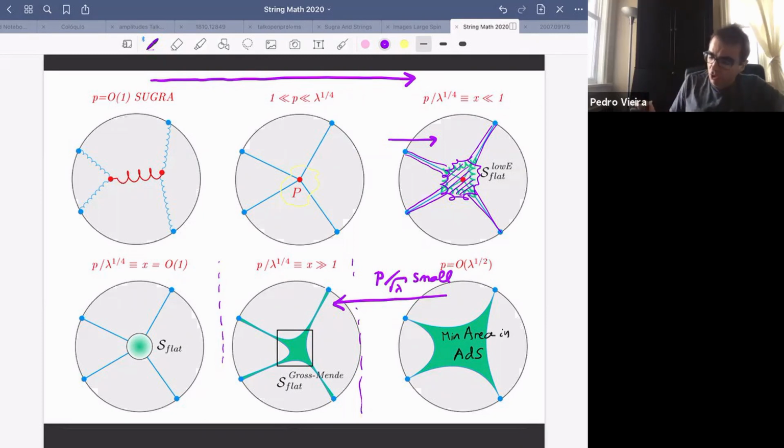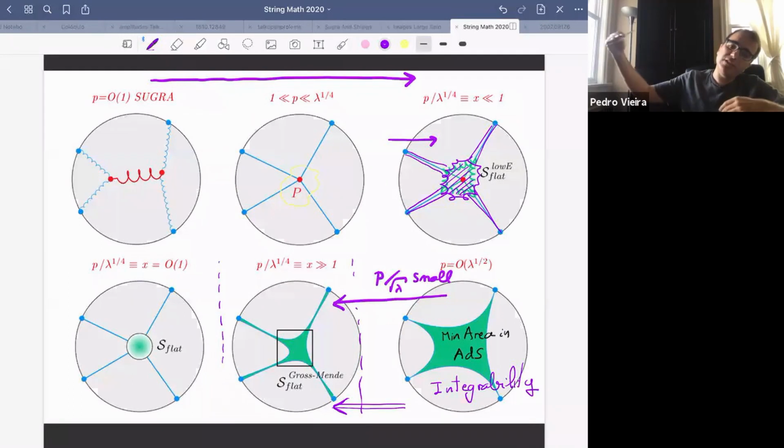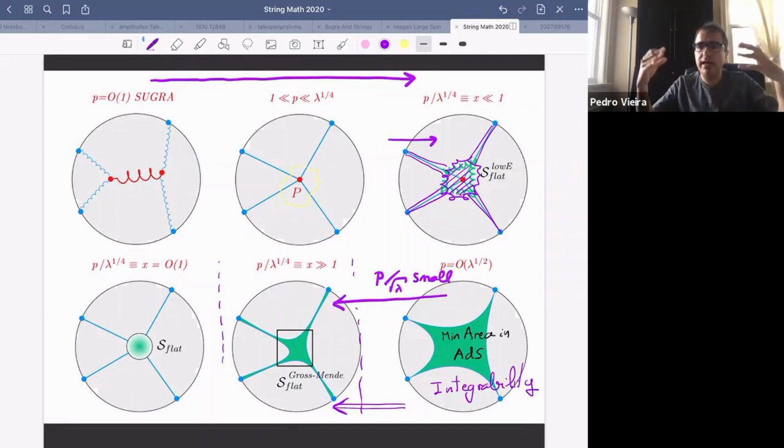And the hope that we have is to start from integrability from this side and lower it in this direction, which is some work in progress that we are working on now. The hope is that in doing that, we will get a full coherent picture of these correlators at strong coupling and for any large P, that we hope will also shed light on the finite P structure.